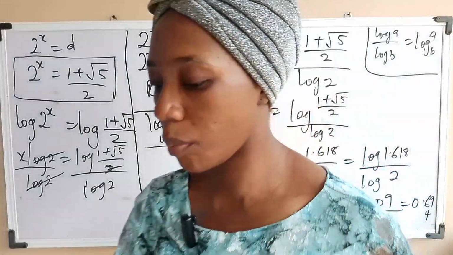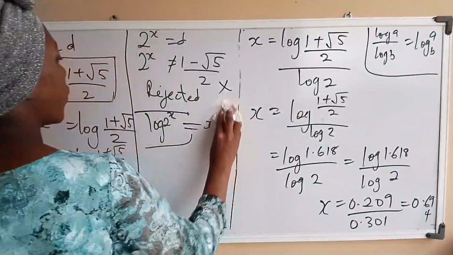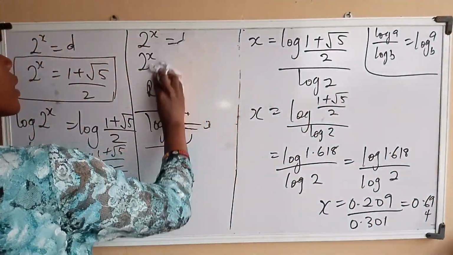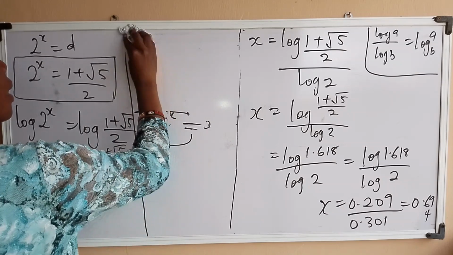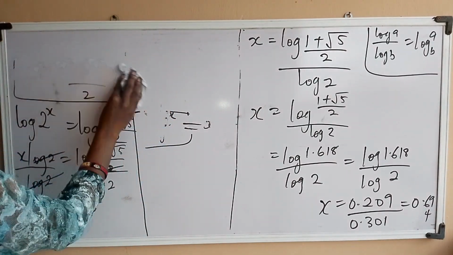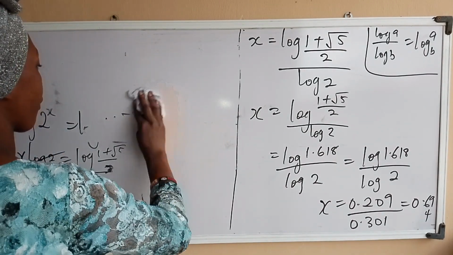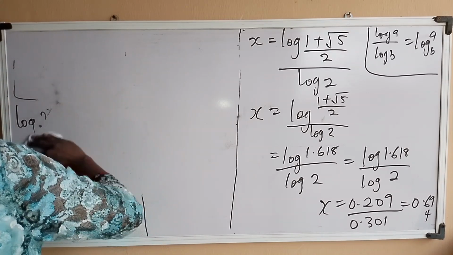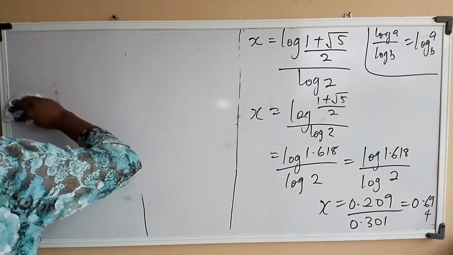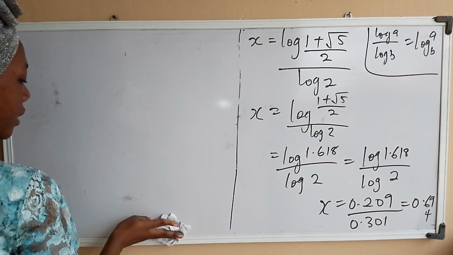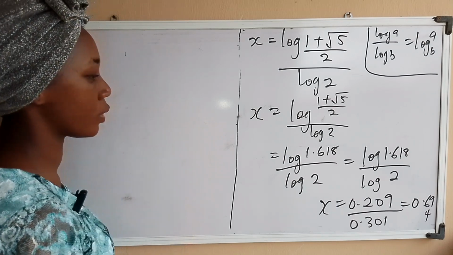But we're not going to stop there. Next thing we're going to do, we are going to check if what we did is correct, and if x equals 0.694 satisfies that equation given to us initially.